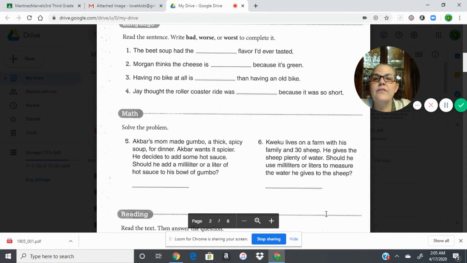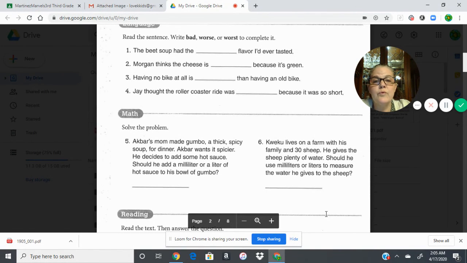Number 2, Morgan thinks the cheese is bad, worse, or worst because it's green. Number 3, having no bike at all is bad, worse, or worst than having an old bike. Number 4, Jay thought the roller coaster ride was bad, worse, or worst because it was so short. All right, so you'll pick the one you think makes the most sense.